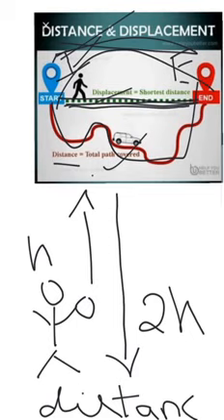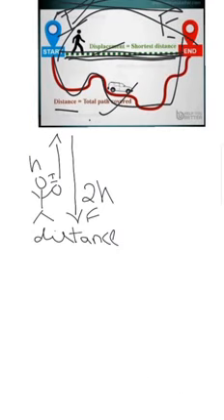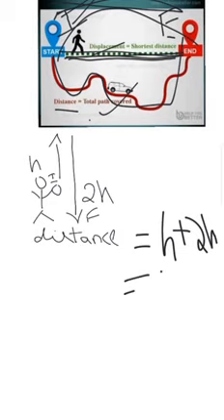The distance is the total path covered. If we count it, distance will be equal to h plus 2h. Distance is 3h.